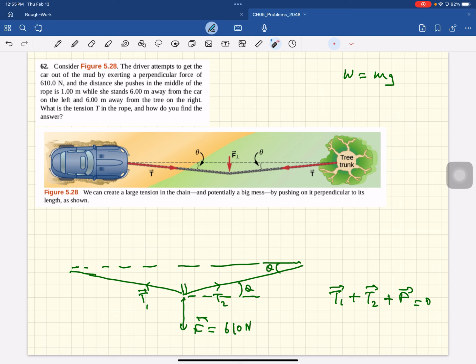All right, let's first find the angle. This is 1 meter and this is 6 meters. So tan theta is 1 over 6 meters. Theta is tan inverse 1/6.